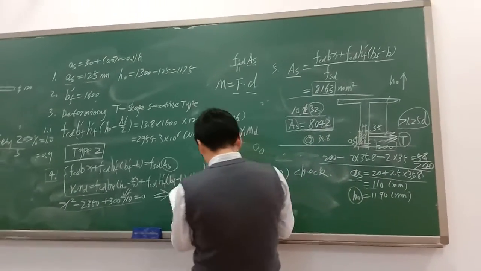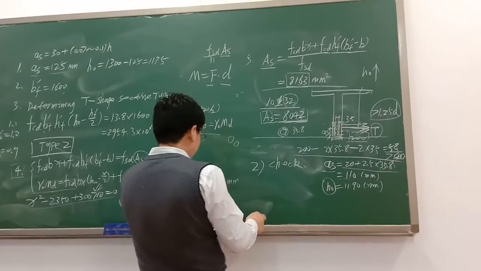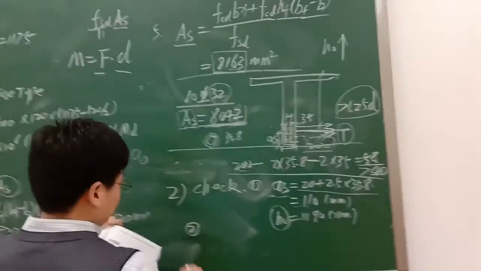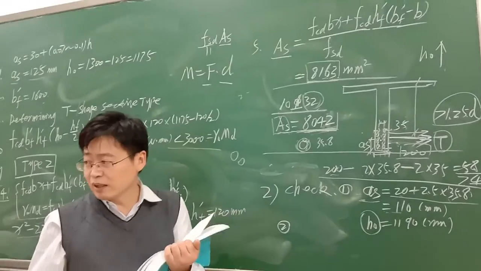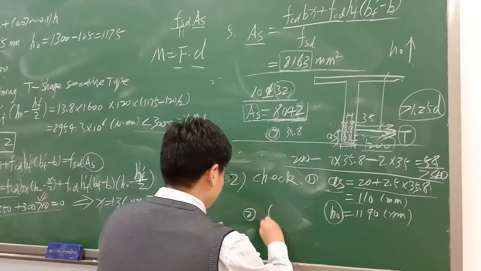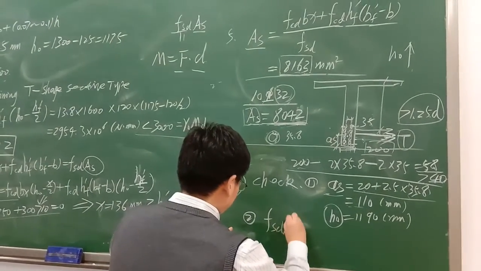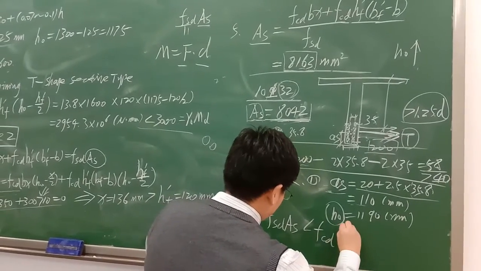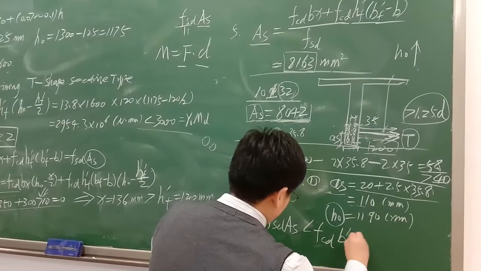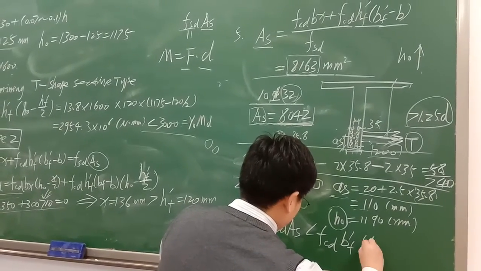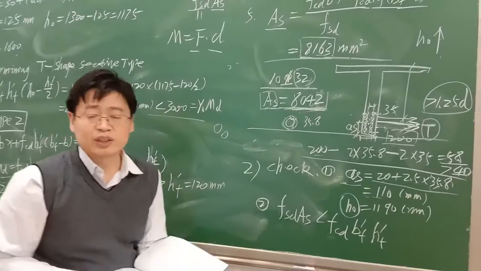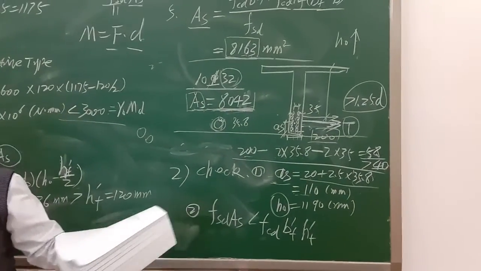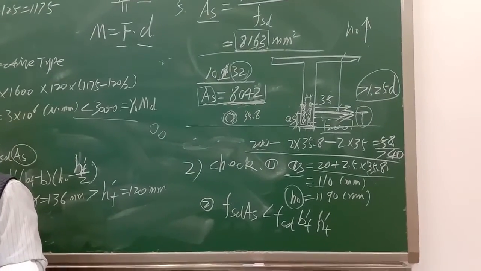Now, once you go to H0, the second step is to check whether it is type 1 or type 2. Use this equation with FSD, AS, FCD, B, F prime, H F prime to determine whether your design belongs to type 1 or type 2.